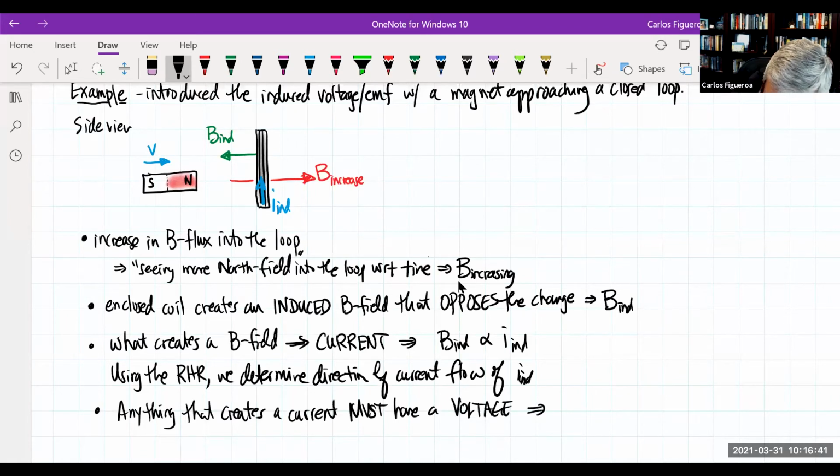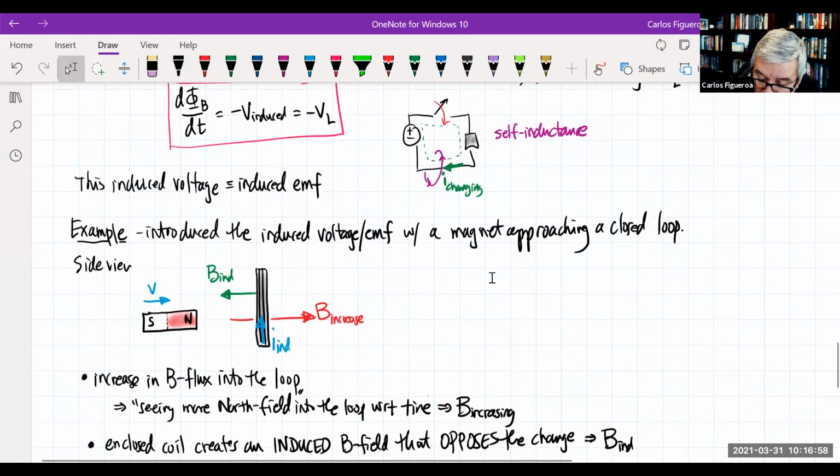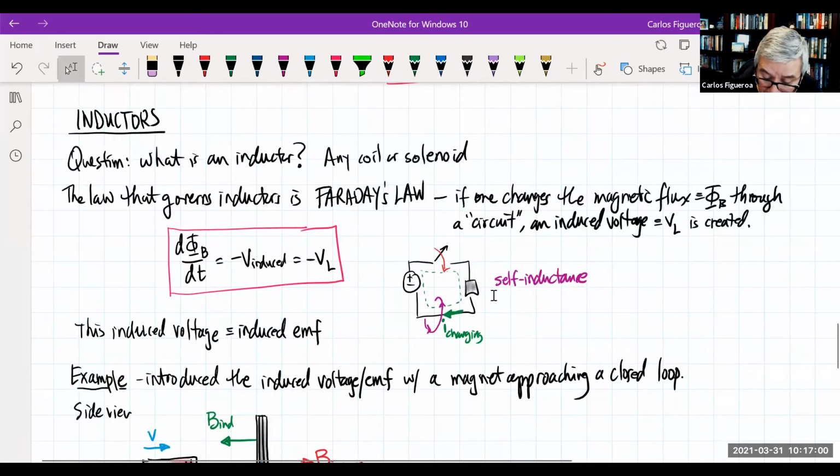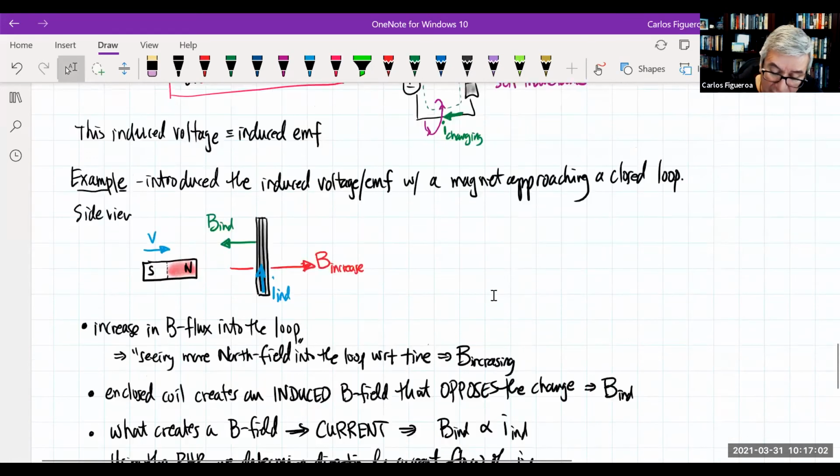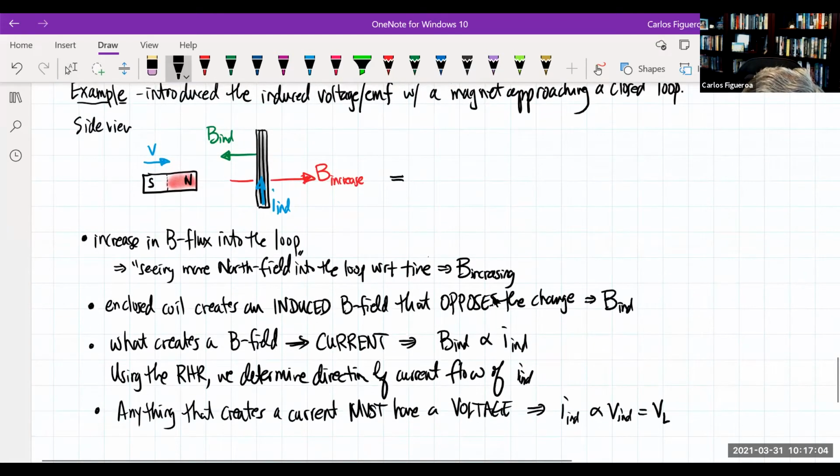So that tells us that I induced must be proportional to V induced. But we don't call it V induced in circuits. We call it VL, V of the inductor, V of the self-inductance. So now we change the picture.